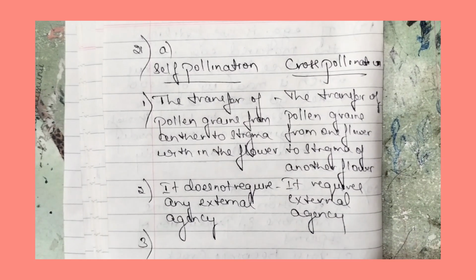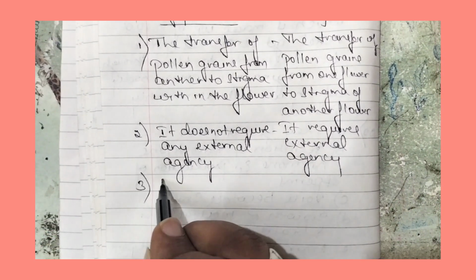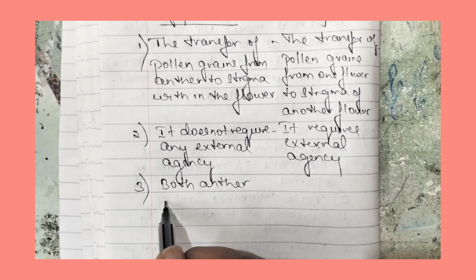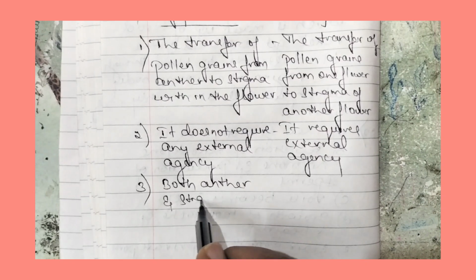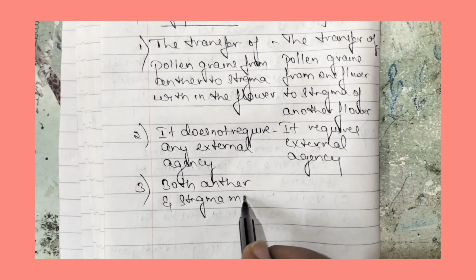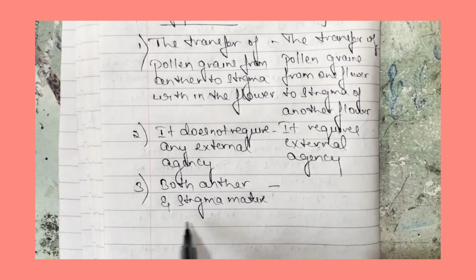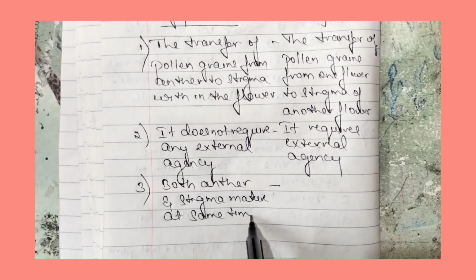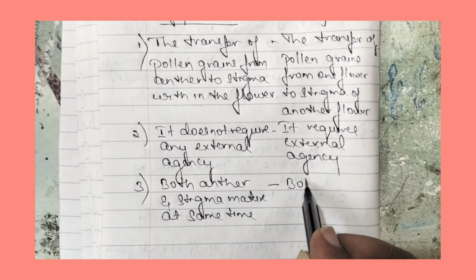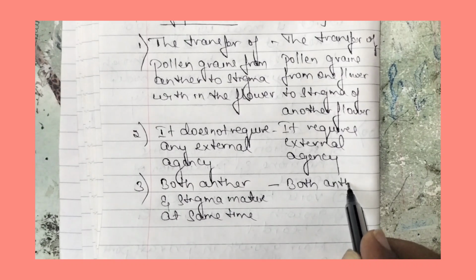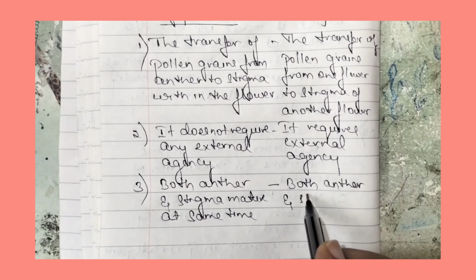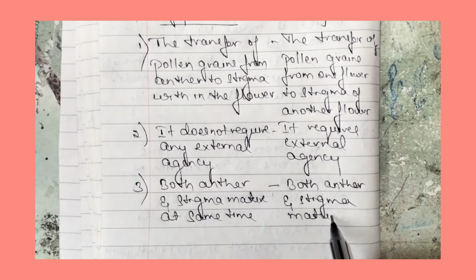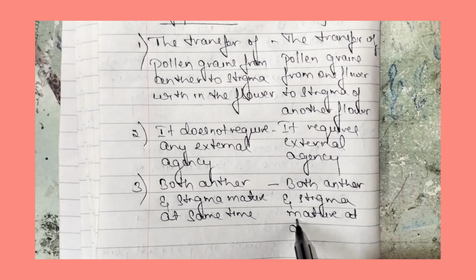The third difference: in self-pollination, both anther and stigma mature at the same time. In cross-pollination, both anther and stigma mature at different times.